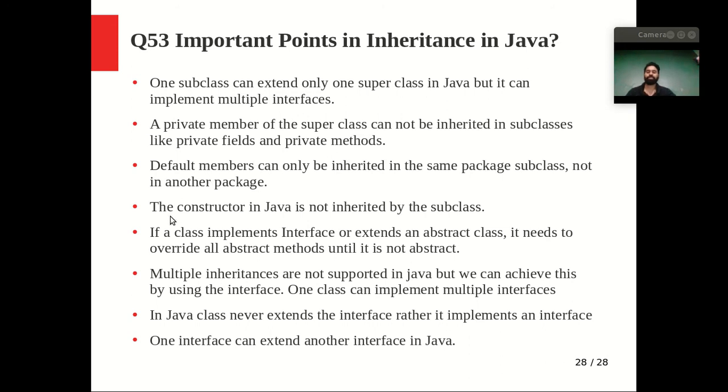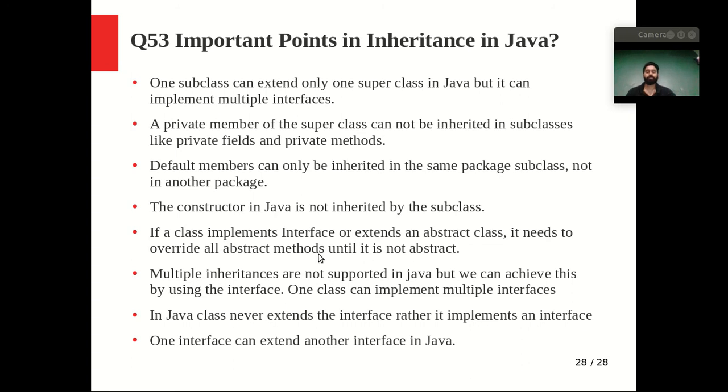The next point is that a constructor in Java is not inherited by the subclass. As we have discussed already, a constructor cannot be inherited. If a class implements an interface or extends an abstract class, it needs to override all the abstract methods unless it is abstract itself. This is the concept of abstraction, which we will discuss in our upcoming interview sessions on the abstraction topic.